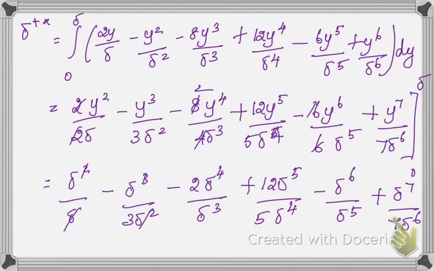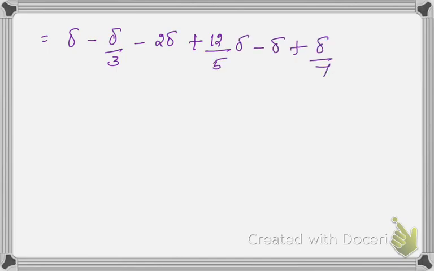So again on simplifying, I can cancel all the single dels here, so I will be having only the form of del value. On simplifying I will be getting del minus del by 3 minus 2 del plus 12 by 5 del minus del plus del by 7.